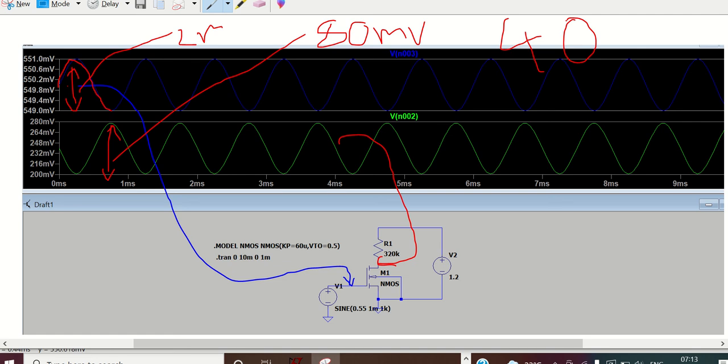Now we have designed our first simple basic amplifier. And what is this called? It is called a common source amplifier. Why we are saying this is common source is secondary. First we'll see how this is implemented.